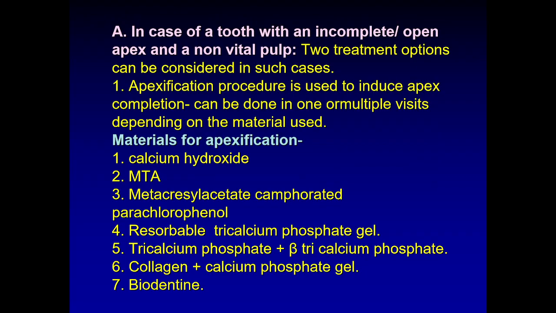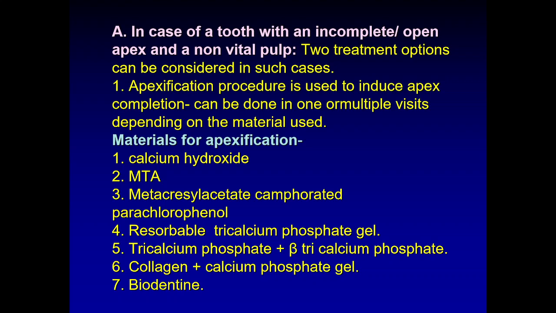Now, what are the types? Since we are talking about apexification procedures or pulpotomy procedures, what are the regenerating bioorganic materials, as people call it nowadays? Calcium hydroxide, MTA. If you would have listened to my presentation about how calcium hydroxide works, I would again repeat, calcium hydroxide is a friend of the pulp.